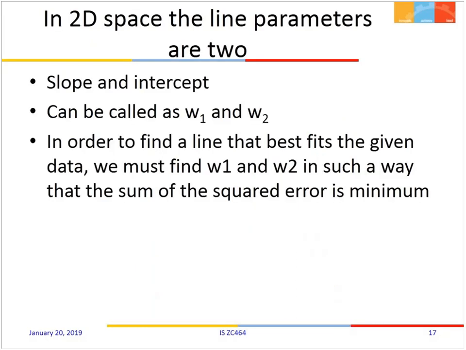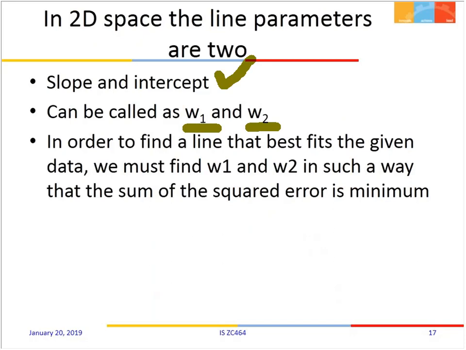So slope and intercept, instead of calling them M and C, we can call them W1 and W2. One will represent the slope, another will represent the intercept. We are moving towards generalizing the representation of a line even for higher dimensional spaces.